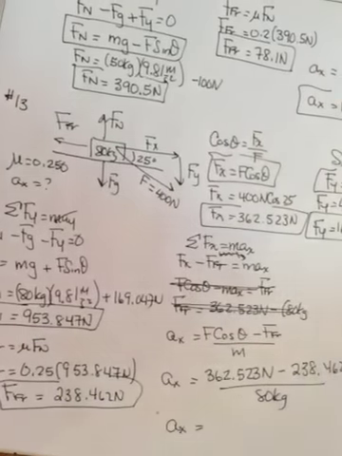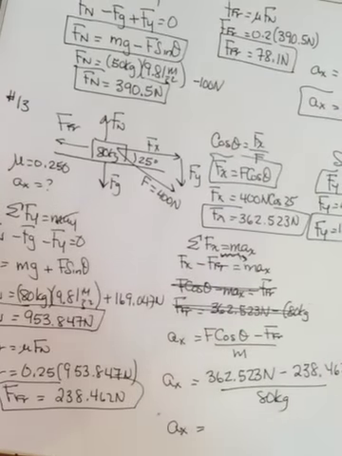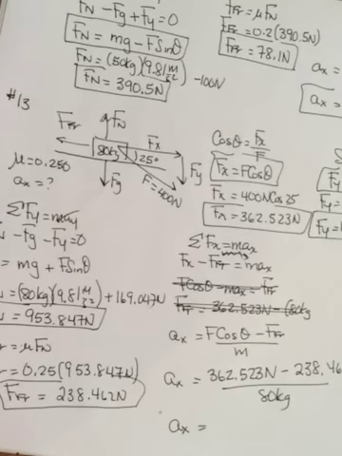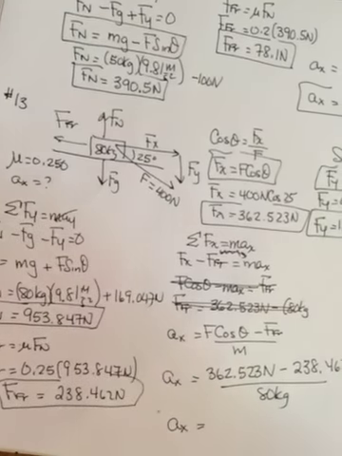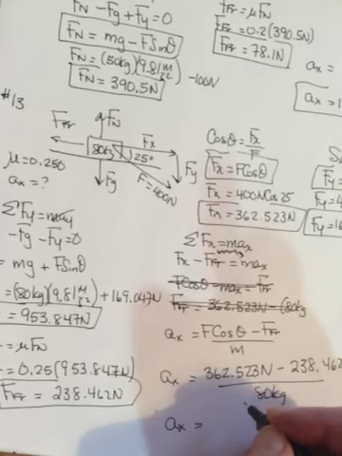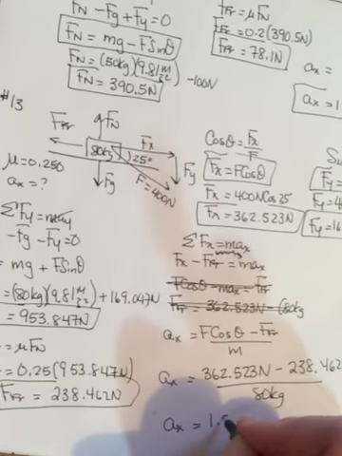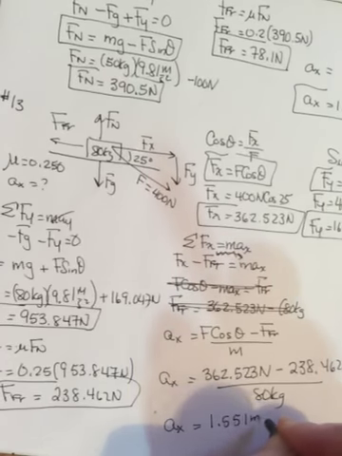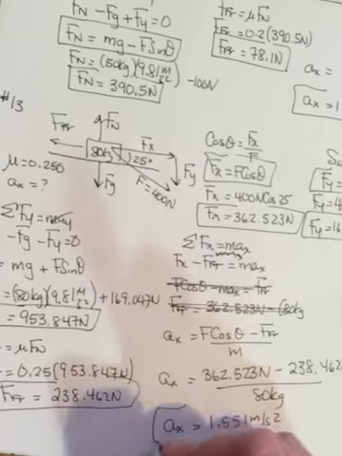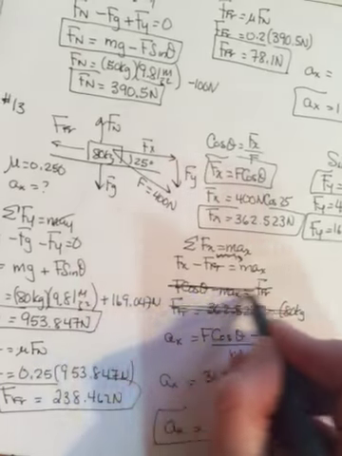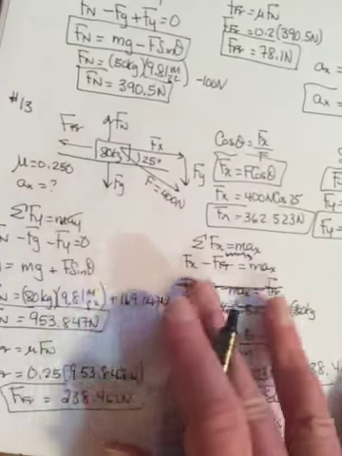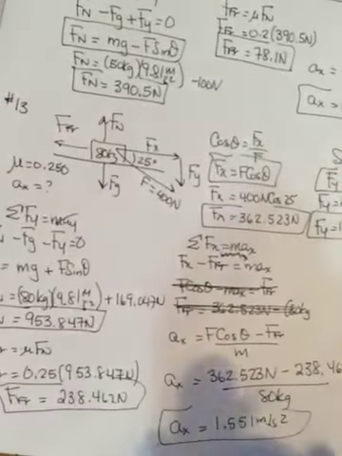And you should get an Ax of 1.551 meters per second squared. Sorry about that mess up in the middle there. I was just solving for the wrong thing. I should have looked at my givens where it said A question mark.